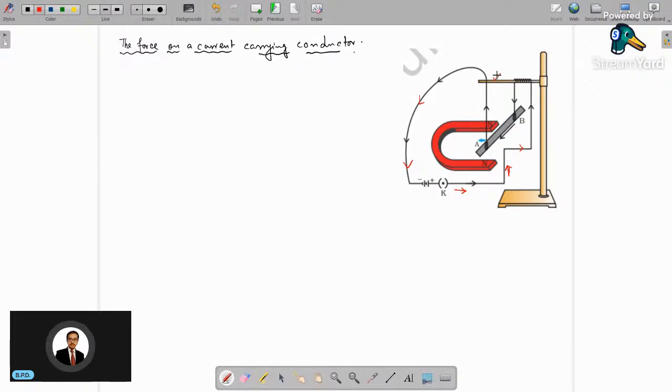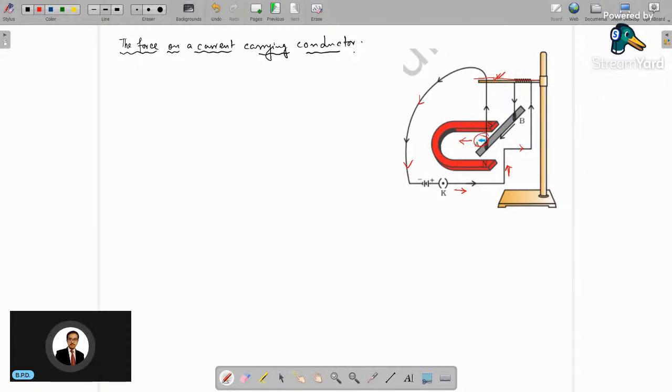Now, this rod is a current carrying rod. Okay, now the magnet is experiencing a force in this direction. As you can see over here, this AB magnet is experiencing a force in this direction.